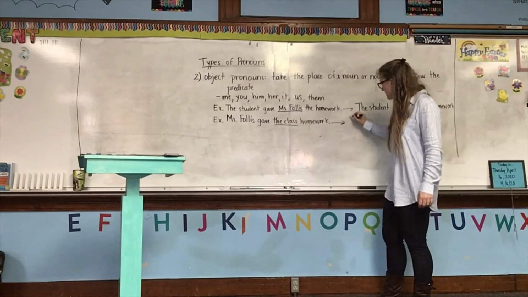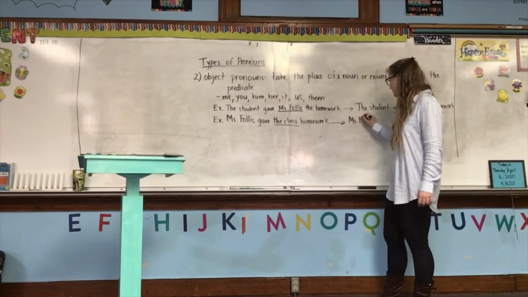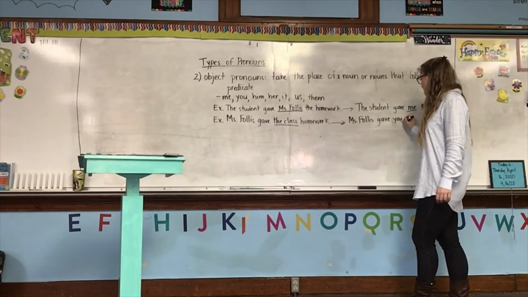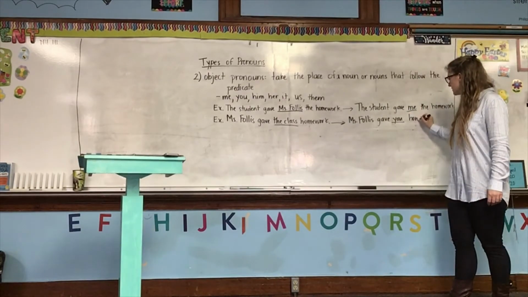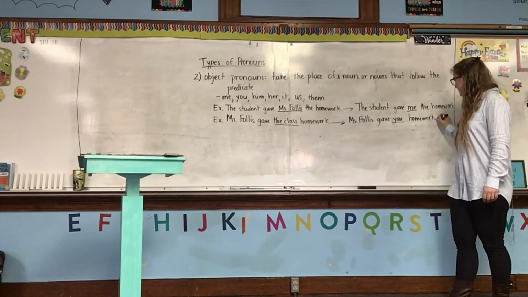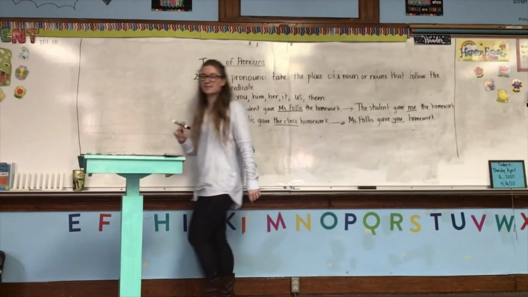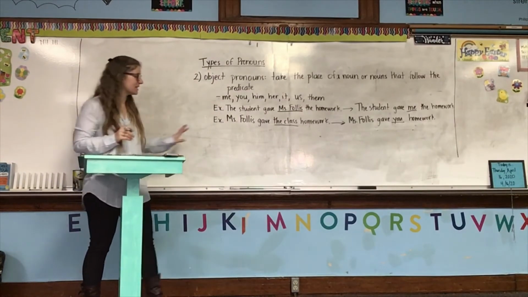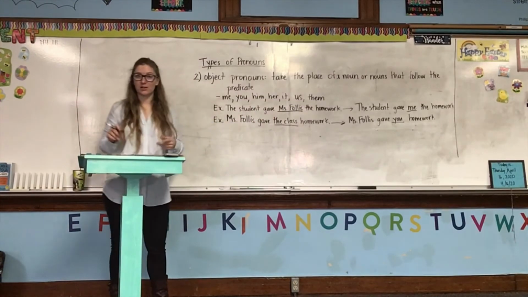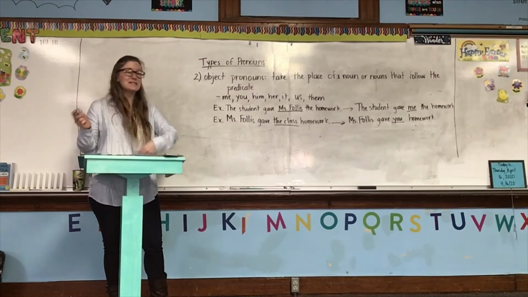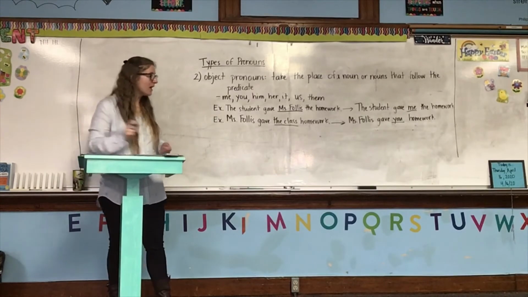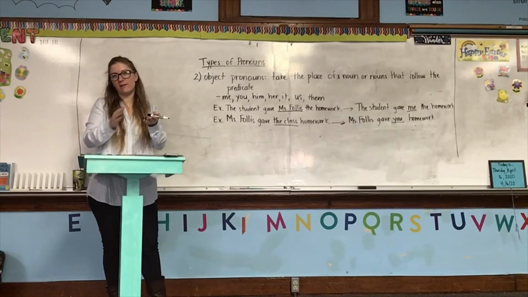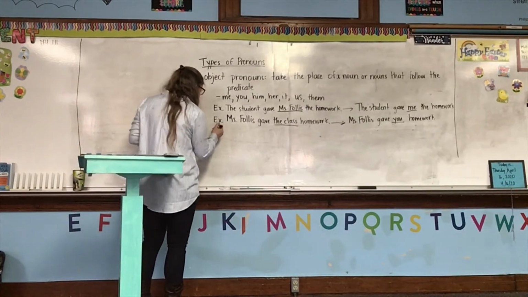So, Miss Folis gave you homework. Now remember, you is one of those pronouns that can be used either way, depending on where it is in the sentence. Is it the subject, or does it come after the predicate? So that's a little bit helpful, because at least that's one extra thing you don't really have to remember. If you're talking about someone else that you're talking directly to, it's always going to be you, whether it's a subject or an object.